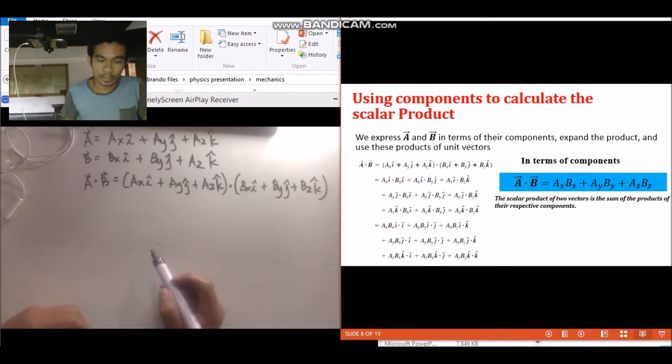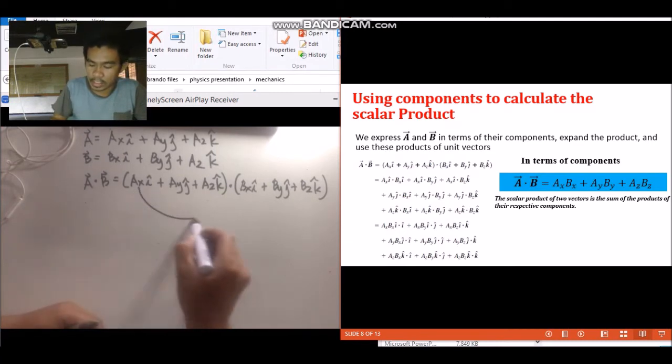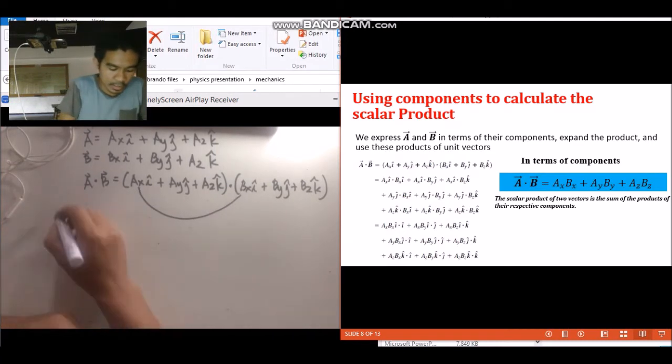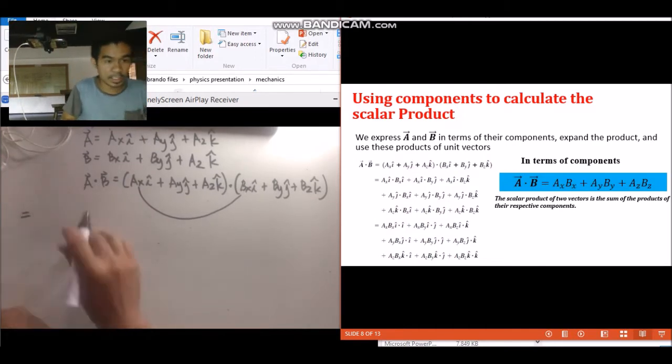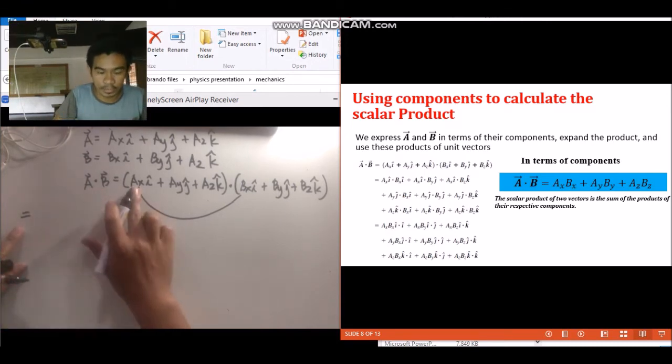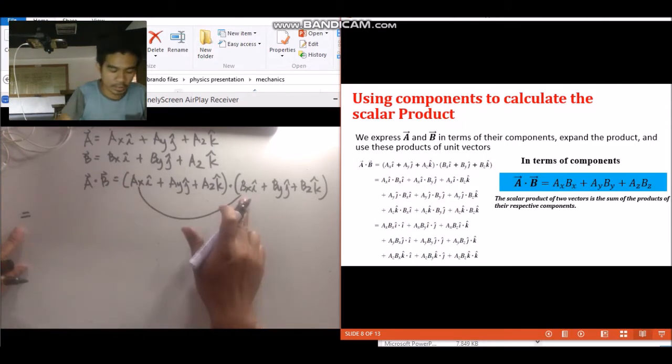Right, so we'll distribute, with ax i hat dot bx i hat. So vector a dot vector b will have ax i hat dot bx i hat.